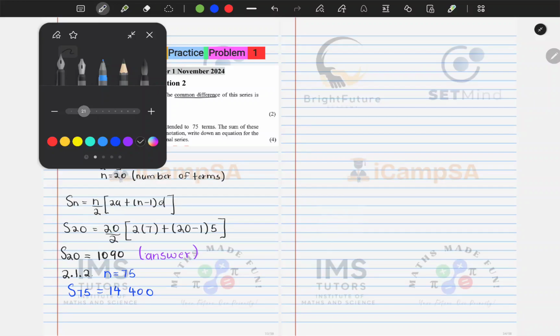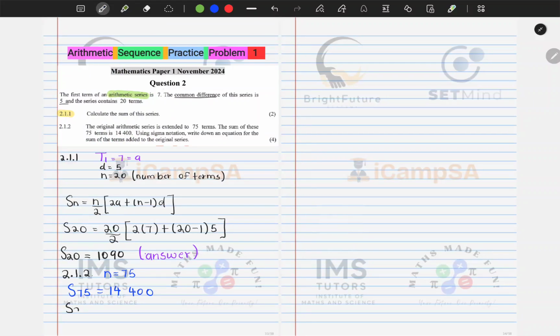But remember that what we had initially was the sum of 20 terms, which we found as 1090. If you think of what is happening here, we can find the sum that we added from term 20 for us to eventually get the total sum. To get the sum of 75 terms, we had the sum of 20 terms plus the sum of the terms from term 21 up until term 75.